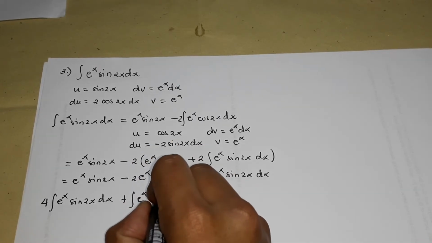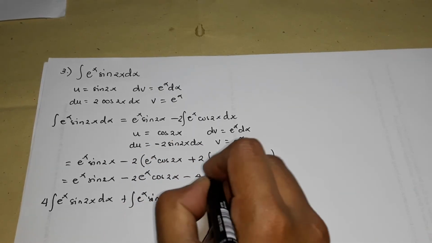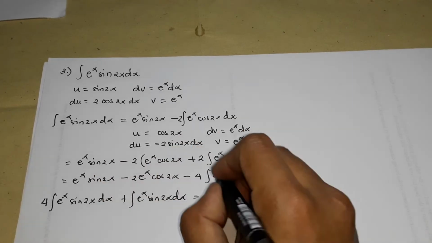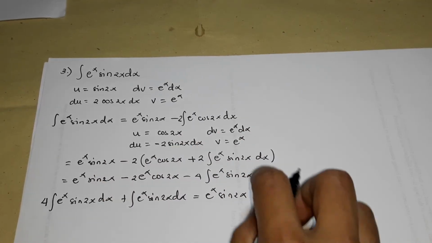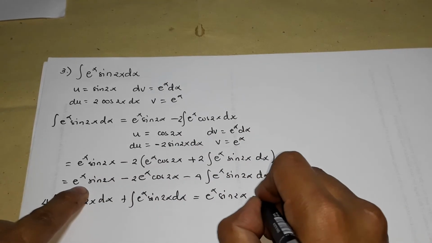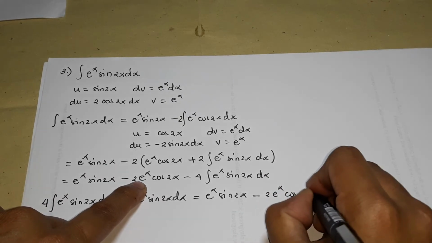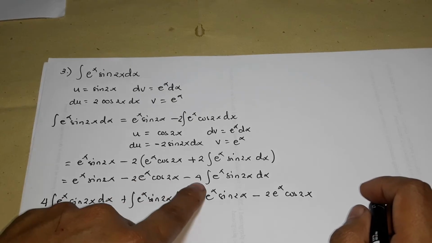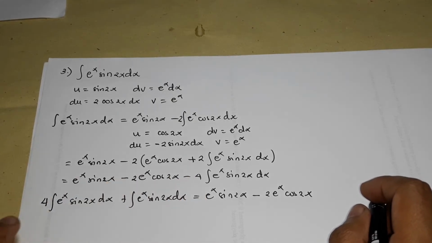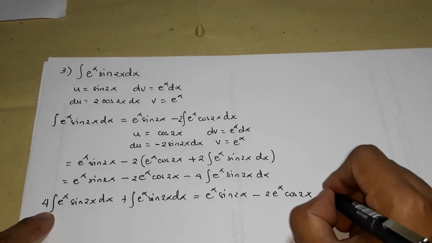e to the x plus the integral of e to the x sine 2x dx, which is equal to e to the x sine 2x, the first term, minus the second term, 2e to the x cosine 2x. As you can notice, this integral part is now transposed to the left side, so you can now add c.